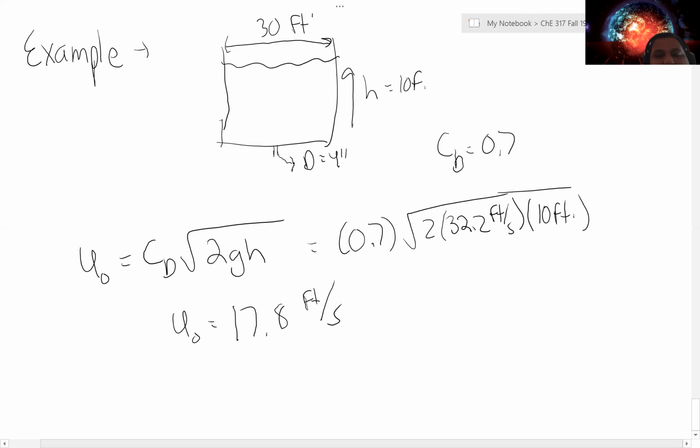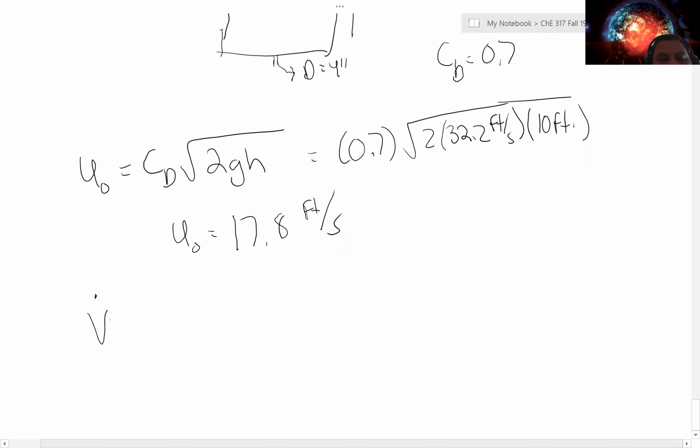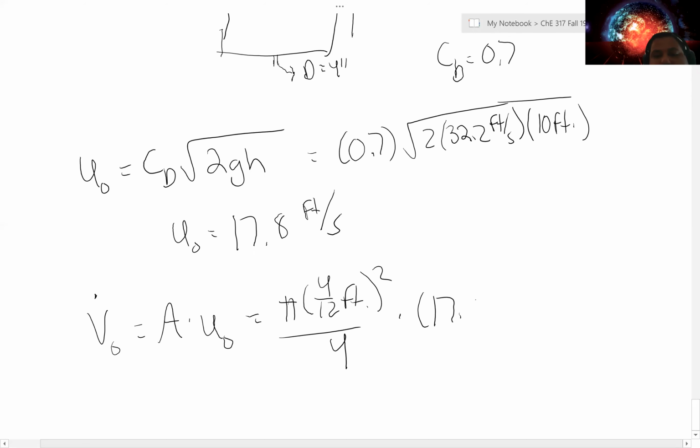If I want to solve for my initial flow rate, which I'm just going to look at volumetric, I just need to multiply the cross-sectional area times that initial velocity. Or pi times the diameter, 4/12 feet, squared over 4, times 17.8 feet per second.